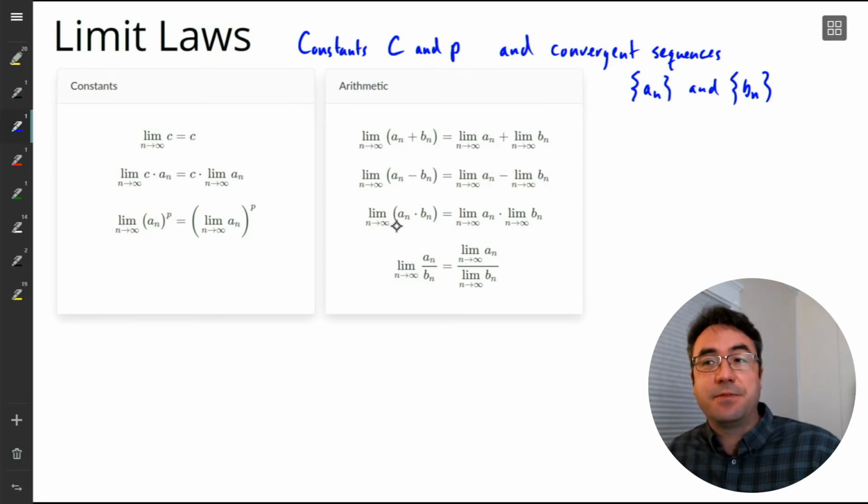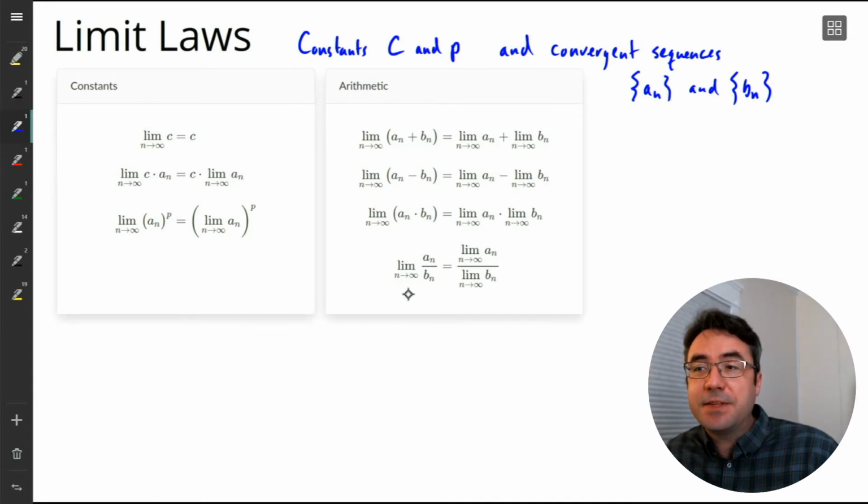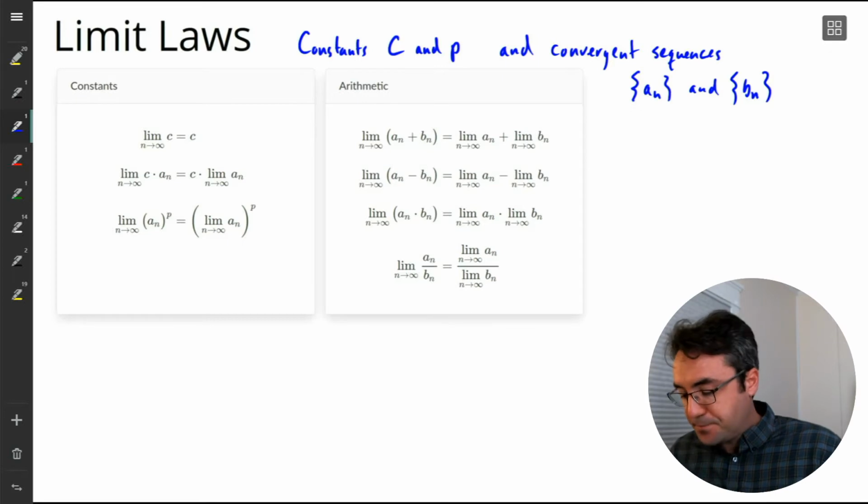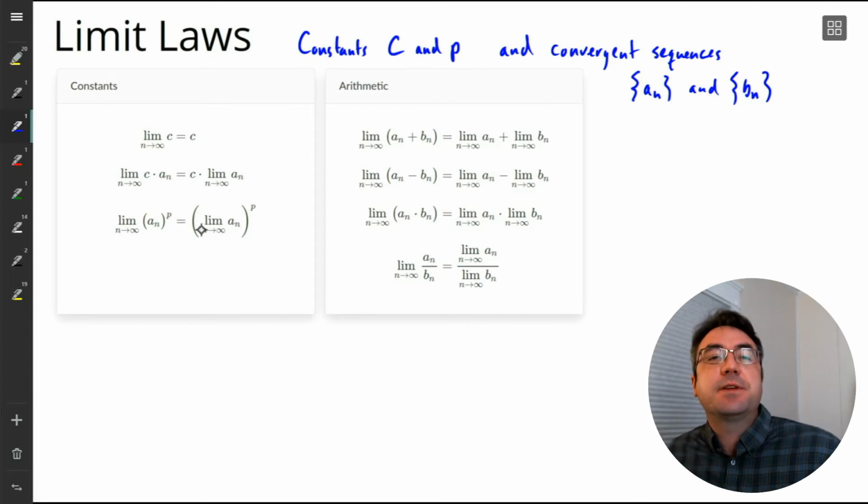If we have the limit of a sequence an times bn, we can look at the limit of an separately, the limit of bn separately, and just multiply those two results together. And then the same thing for quotients. So split it up over the division. So these should all be fairly familiar. The only difference here is we've specifically written them for sequences.